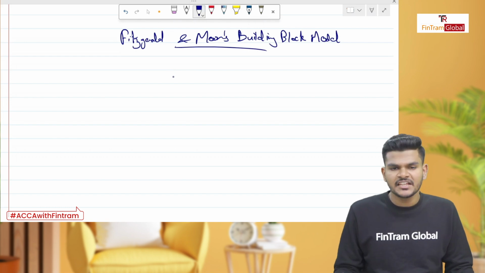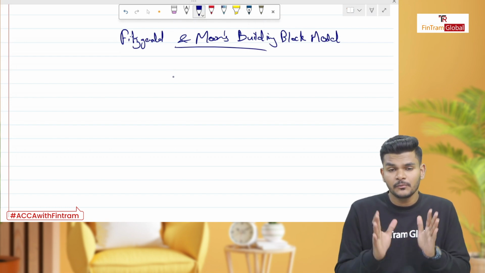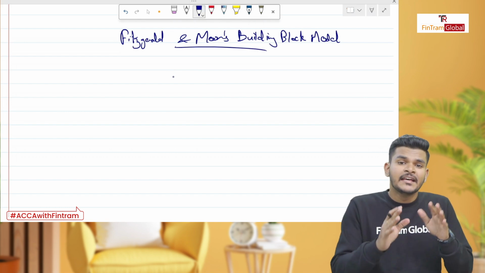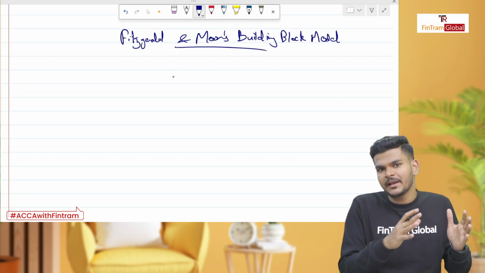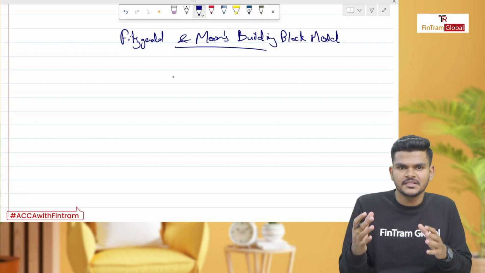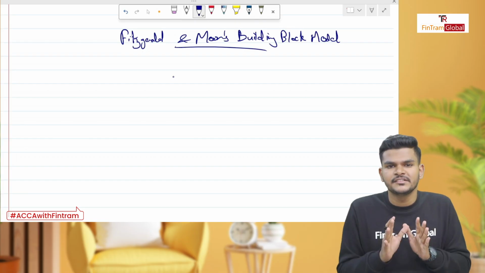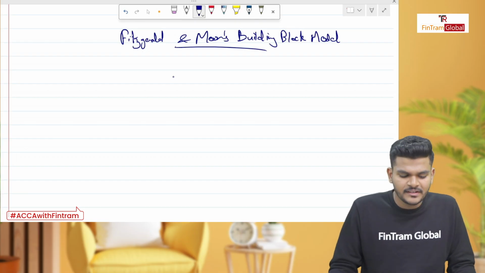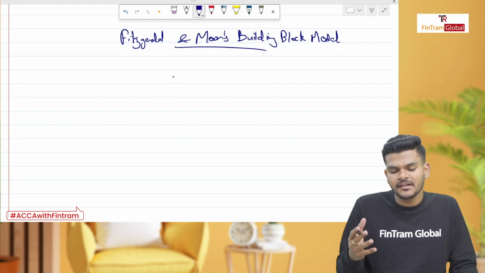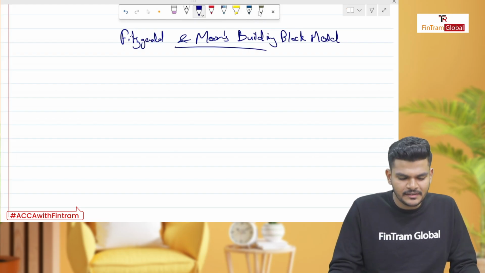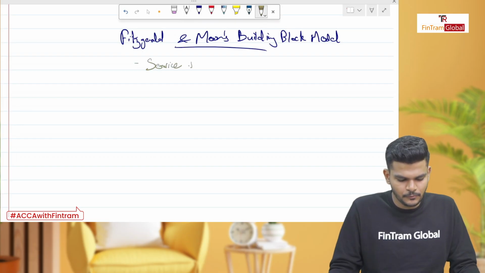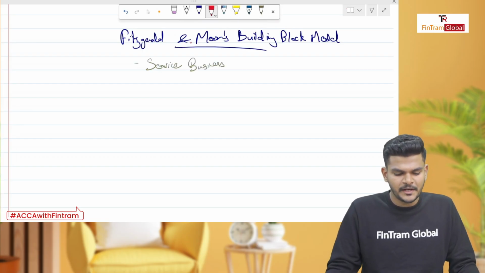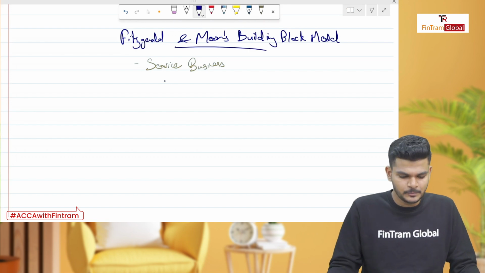Remember one key point, guys. The balanced scorecard approach is applied primarily to manufacturing businesses, but it's a generic model. But Fitzgerald and Moon's building block model is primarily in relation to service businesses. Okay, folks, you implement Fitzgerald and Moon primarily in service businesses, so be mindful of that.